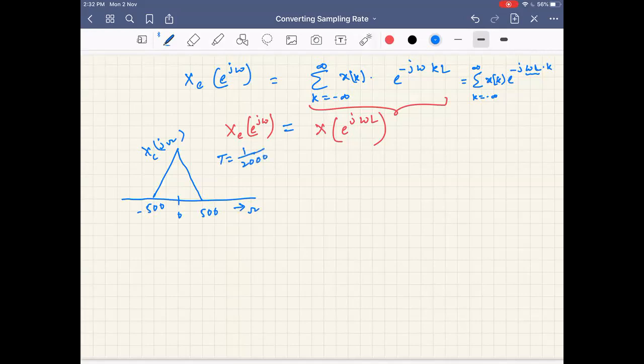Okay, Fs is equal to 2000. Assume that we have obtained X of e power j omega with this Fs. Let us sketch X of e power j omega.